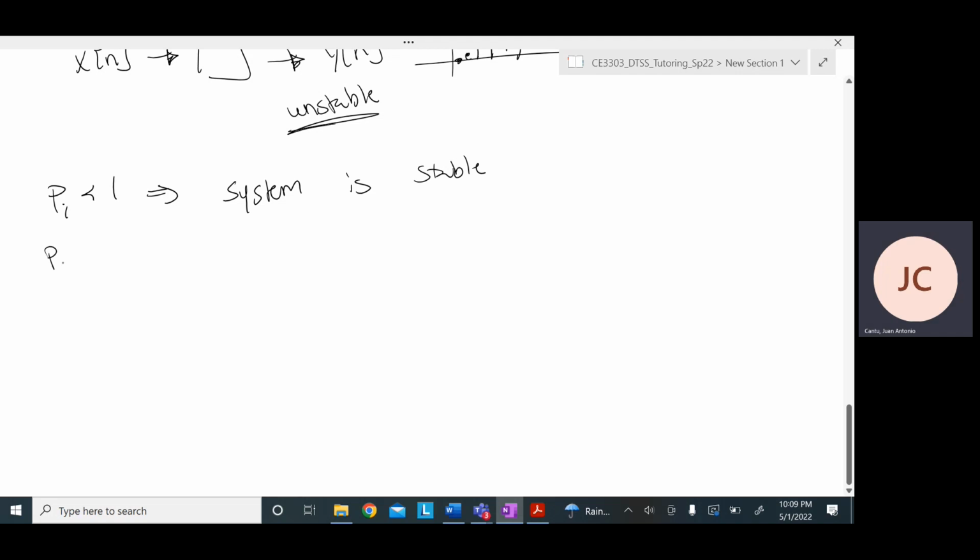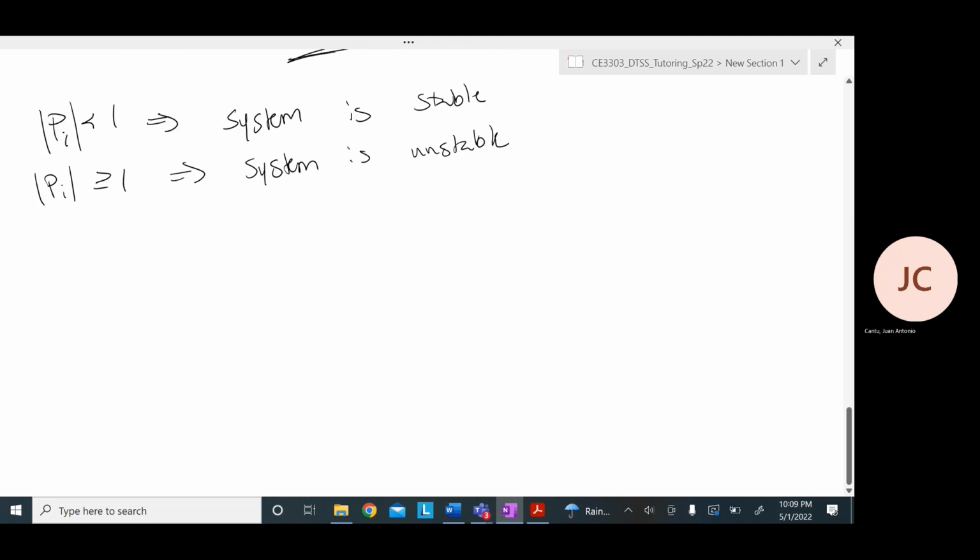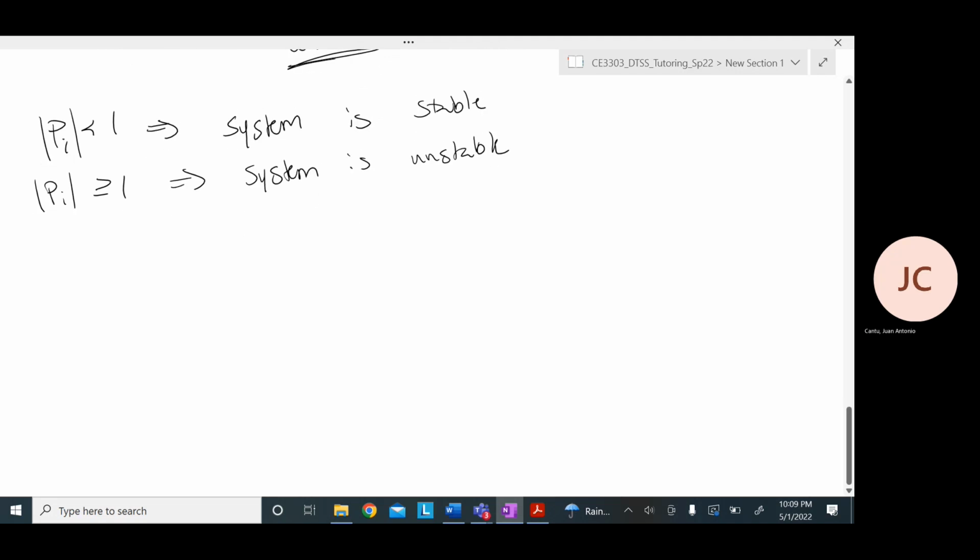However, if your poles, and poles can be complex, so these are actually the magnitudes, the magnitude of your poles is greater than or equal to 1, your system is actually unstable. So this will be better illustrated with an example.